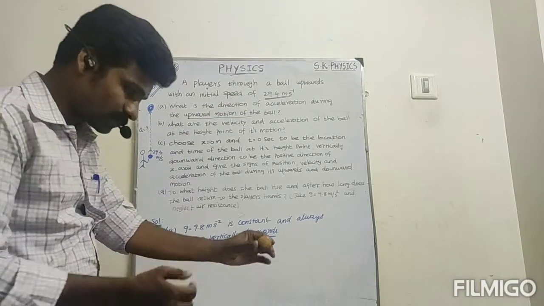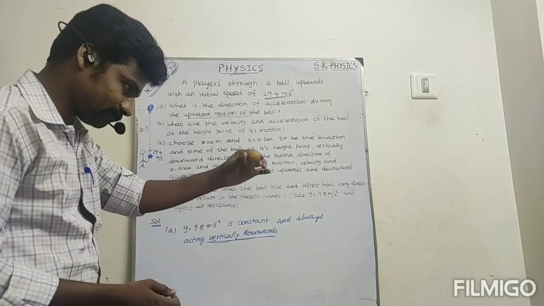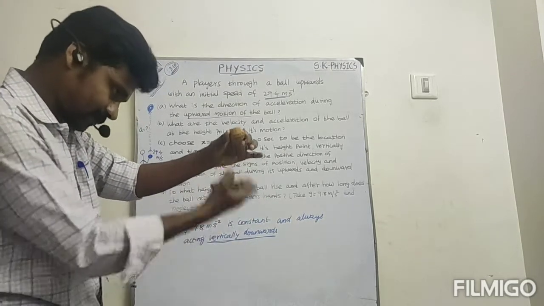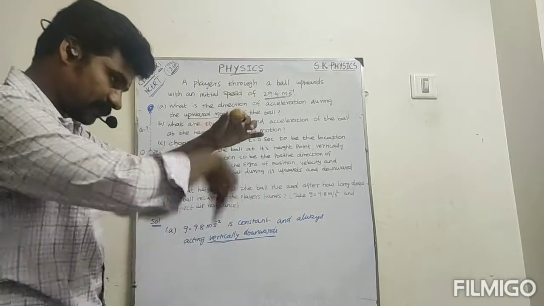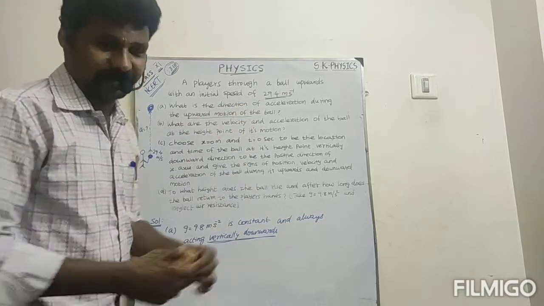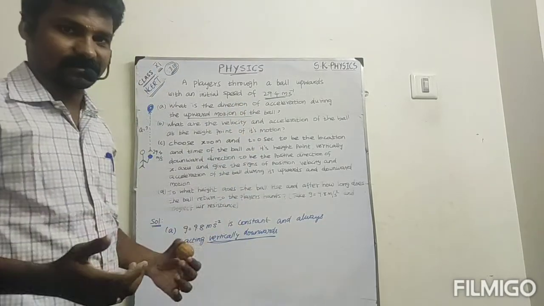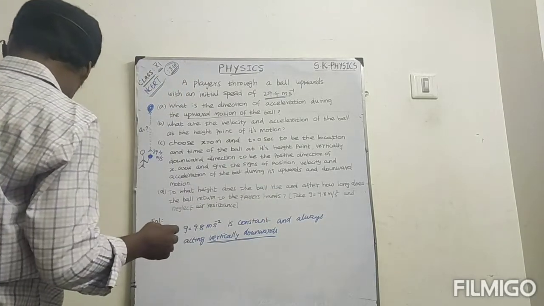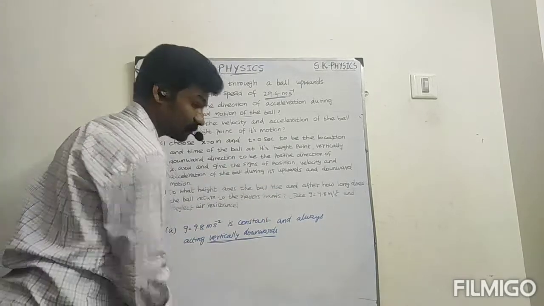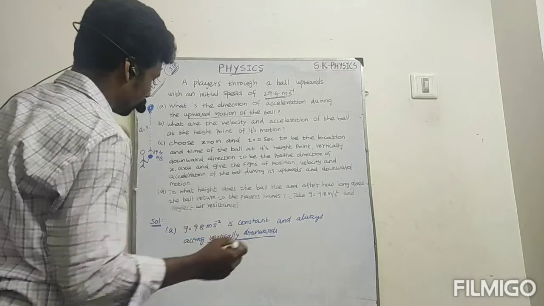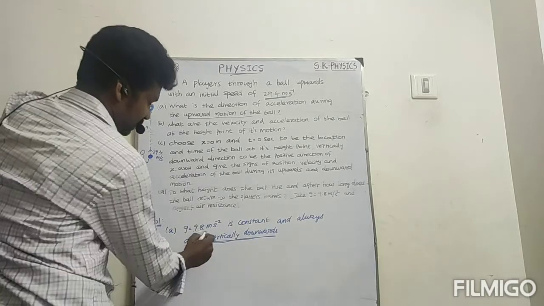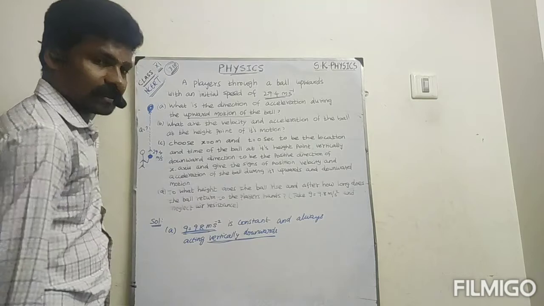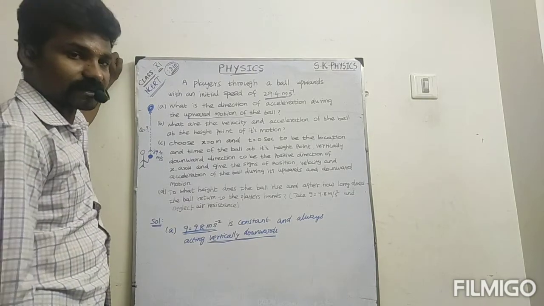When the ball is moving upward, we know that each and every second the gravity is acting in downward direction. Correct or not? Yes. That gravity acceleration, we studied from the lower standard itself, that is 9.8 meter per second square. That is acceleration due to gravity.